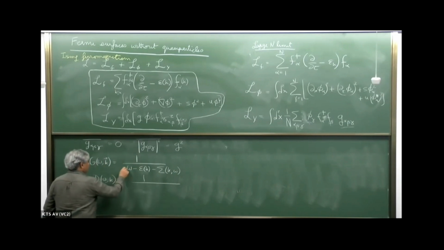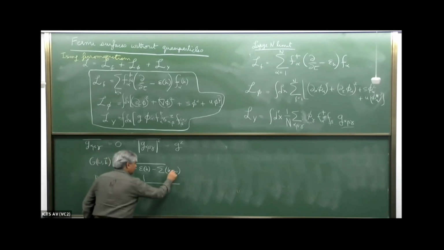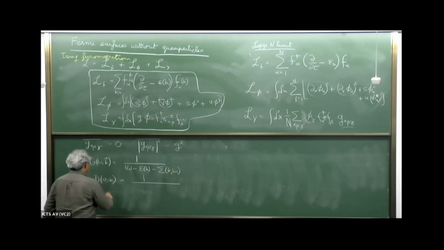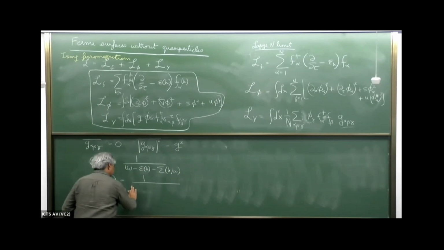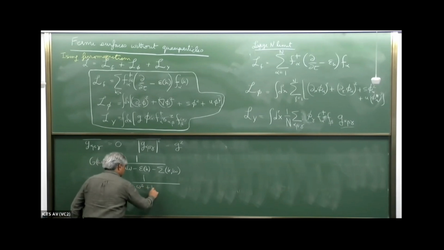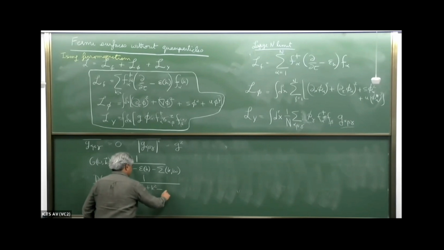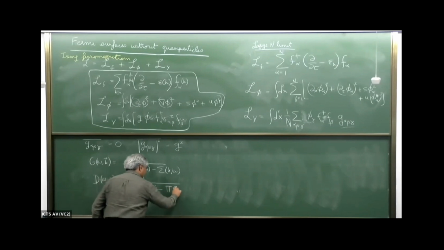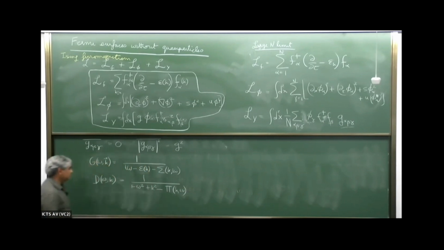So let me put the i's over there. So that'll be minus omega squared plus K squared minus some self-energy, which will be pi of K and i omega. Okay, so this is just a definition. This is the Dyson equation defining the self-energies.